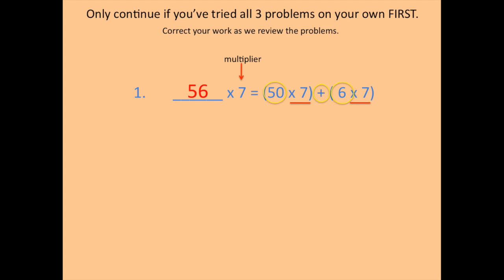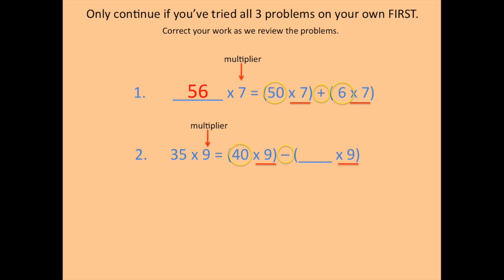Let's take a look at problem 2. 35 times 9 equals 40 times 9 minus a number times 9. Once again, I'm first going to identify my multiplier. My multiplier is 9 because I can see that I am multiplying 2 terms times 9. I have 40 groups of 9 minus an unknown number of groups of 9.